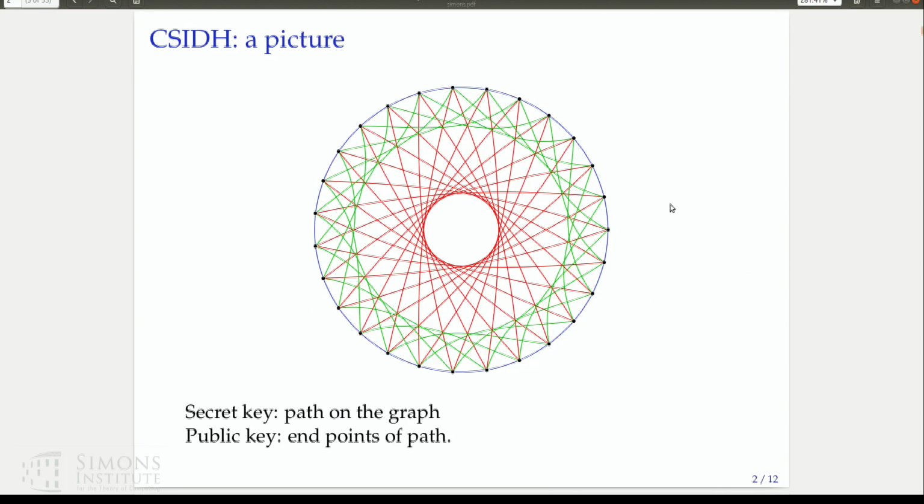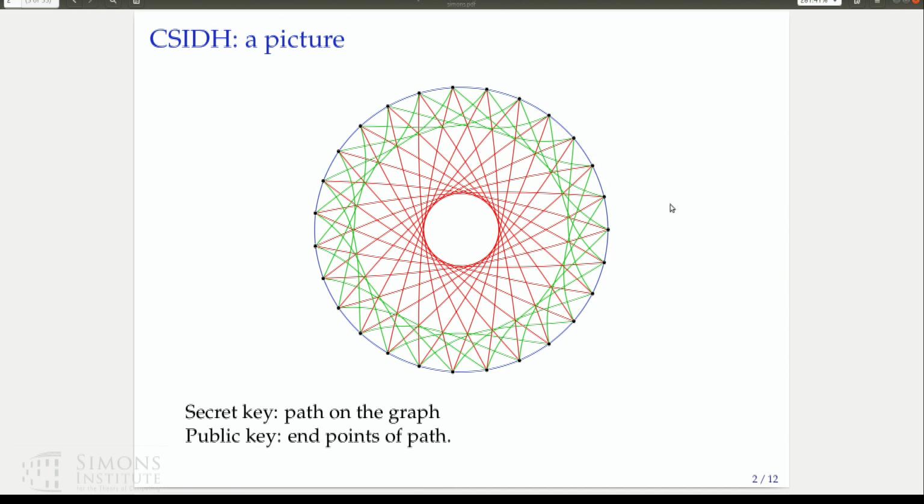Okay, so here's a little picture to give a little bit more intuition for what's going on. So we already saw some of the proper hard math from David. So I'm going to do the easy math, where I just show you a picture and sort of wave my hands a little bit. So in CSIDH, what are we looking at? Well, on a very high level, we're thinking of this thing as a graph.